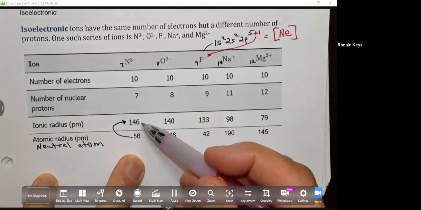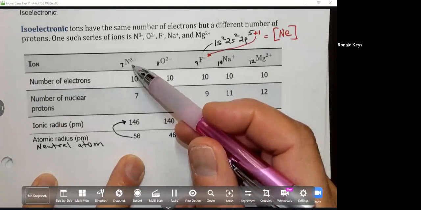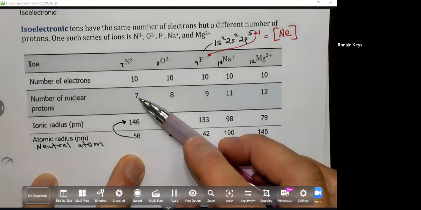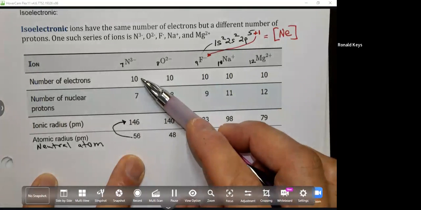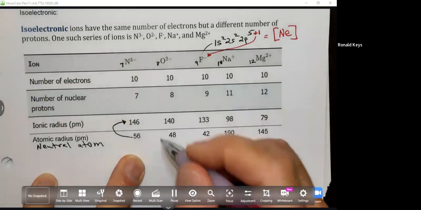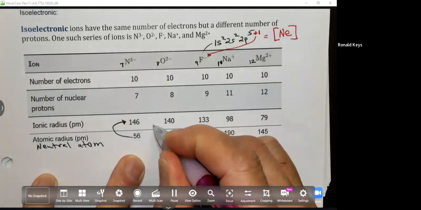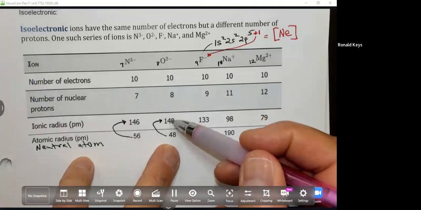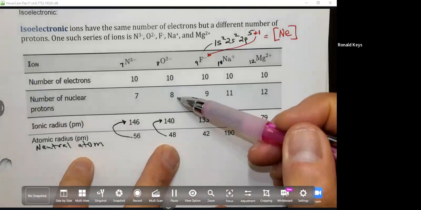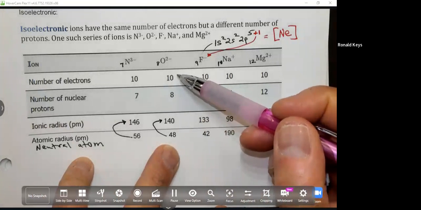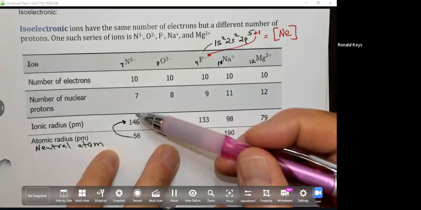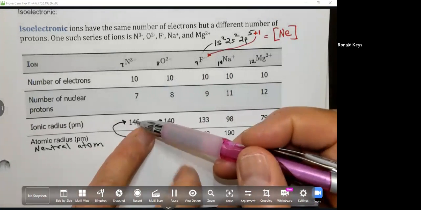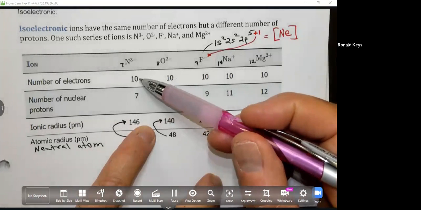It's more than double, correct? You're adding 3 electrons. You have the same number of protons pulling in 10 electrons. It gets bigger. What happens when you go from oxygen with no charge to oxygen with a -2? It should get bigger. You've got 8 protons pulling in 10 electrons. Which one's the biggest? Well, this one here, because you only have 7 protons pulling in 10 electrons.